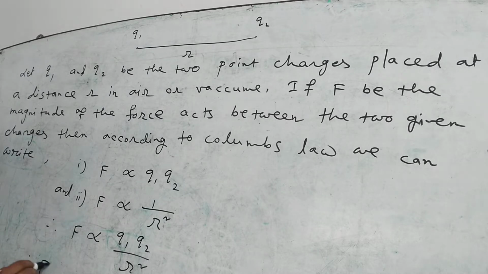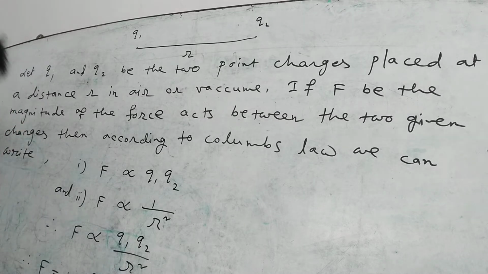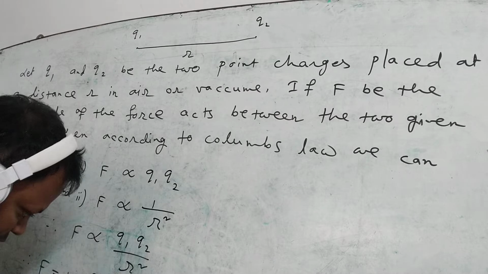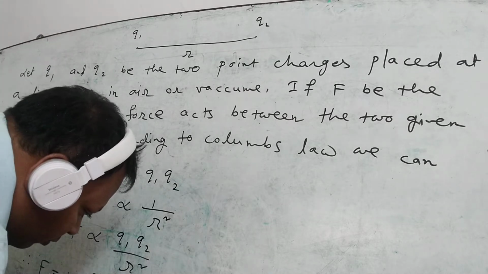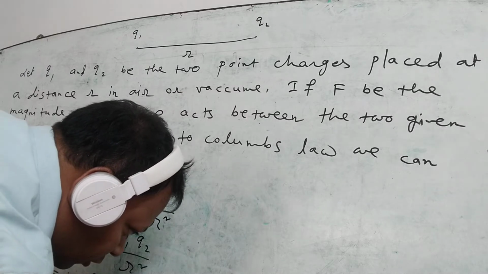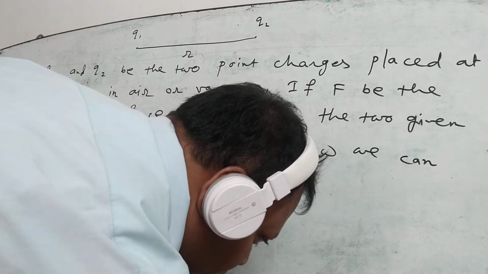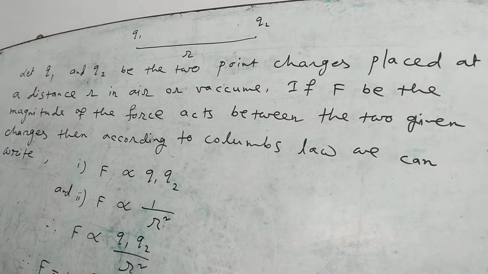So therefore F is equal to K into Q1 Q2 by r square, where K is a proportionality constant.